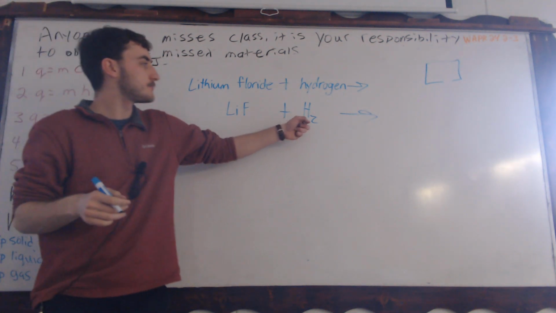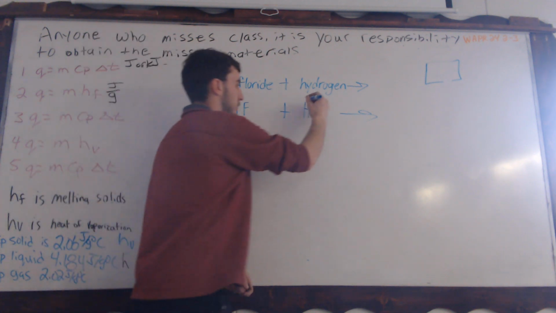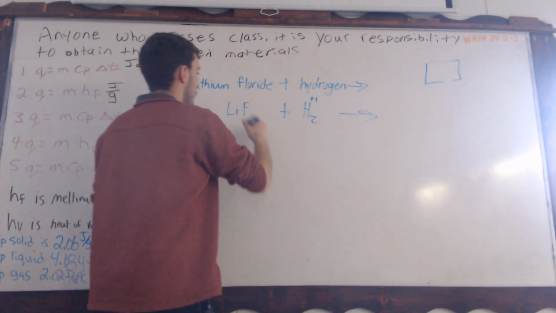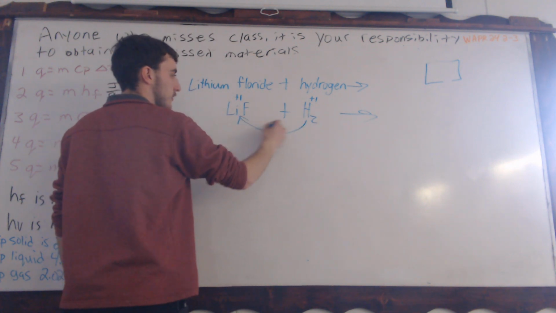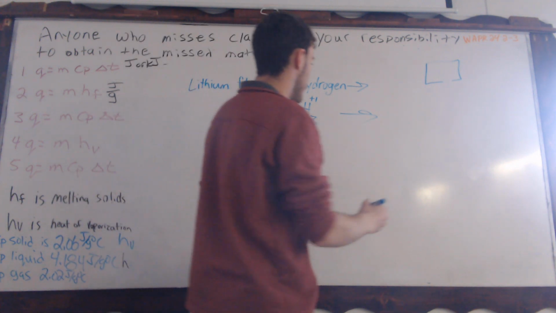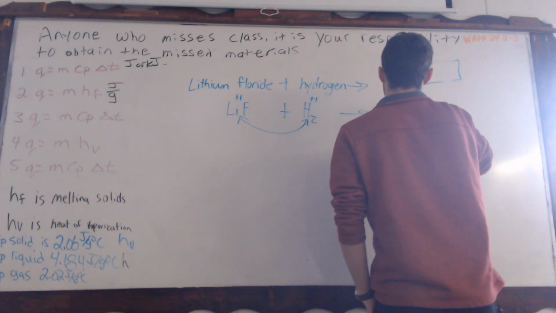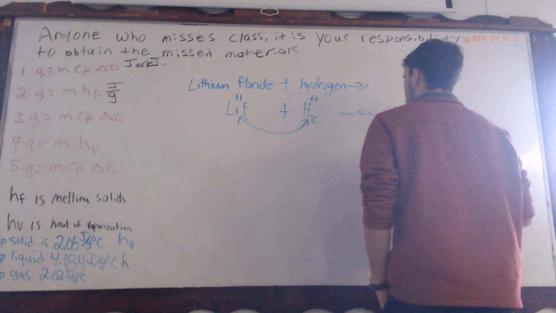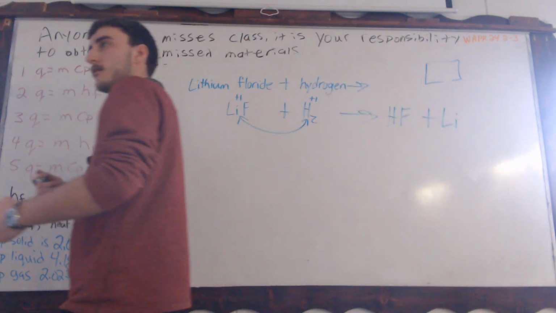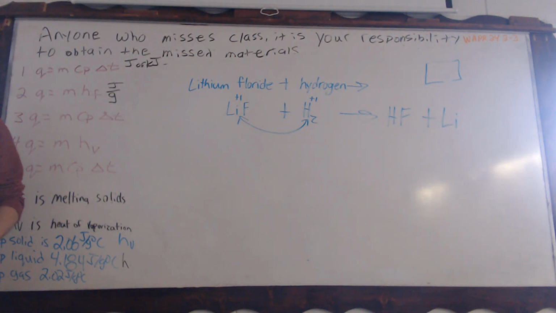It means that, this is a positive one, right? And a positive one. The positives are going to switch. So they're going to trade spots. So now I'd have hydrogen fluoride, HF, plus lithium. They're going to switch spots on that negative ion.